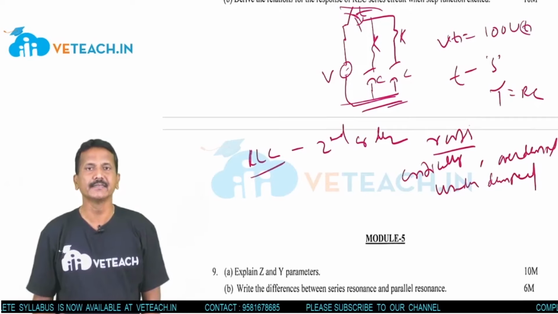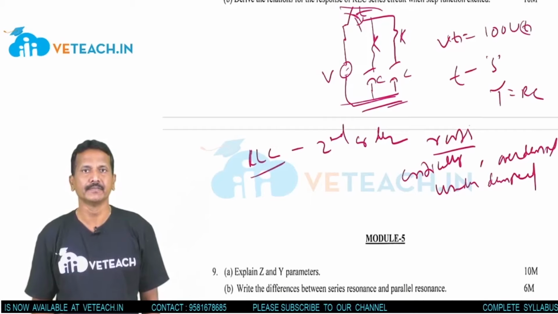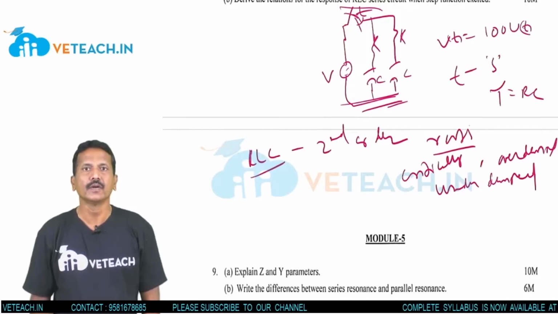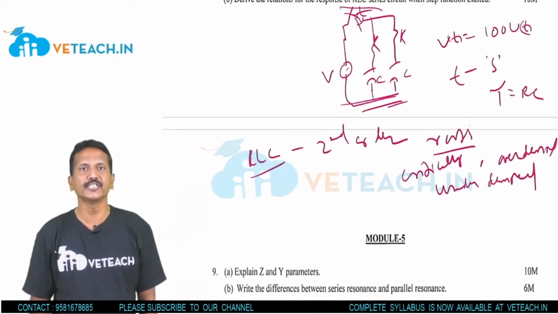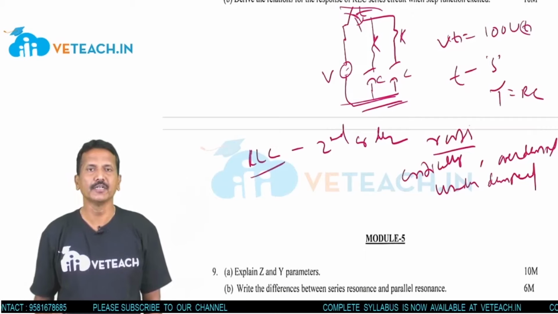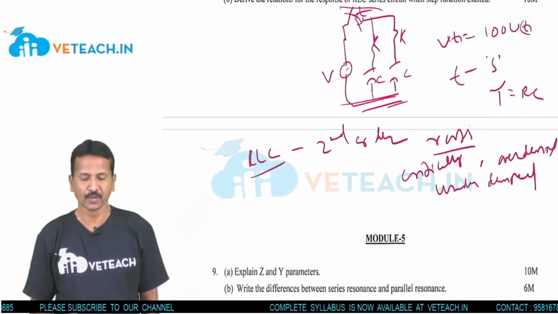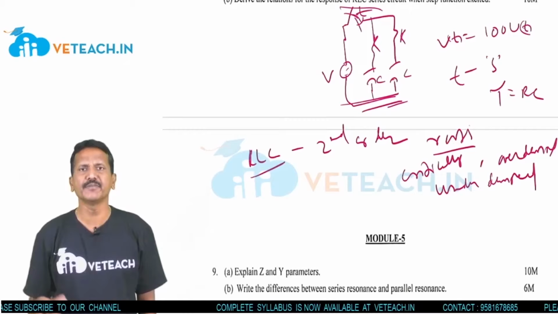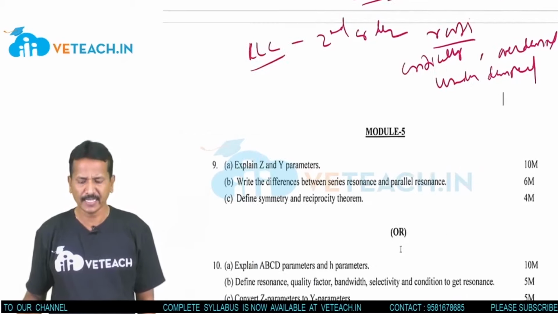Three conditions we will discuss in the RLC series circuit. The second order equation I said earlier. So with respect to the roots, we can identify by the relations whether the system is stable, unstable or critically stable. This comes under transient analysis. It may be RL, RC or RLC, and the system stability we can identify using the Laplace transform.